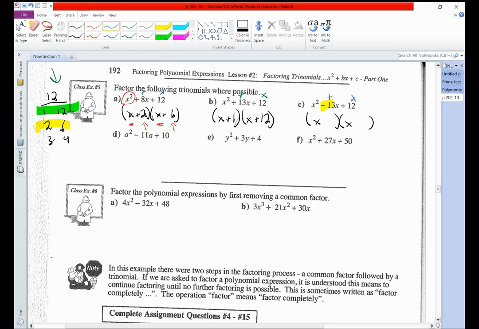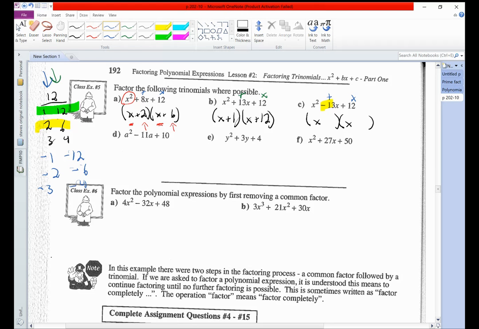Because we actually forgot three sets of factor pairs in our 12 multiplication chart. Because I know when I multiply negative 1 by negative 12, I get positive 12. If I multiply negative 2 and negative 6, I get positive 12. And same with negative 3 and negative 4.